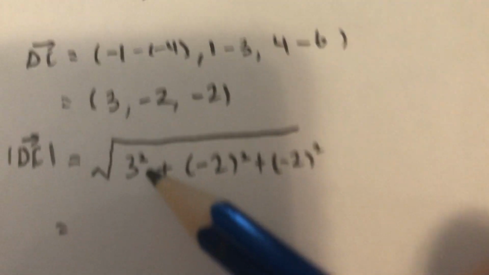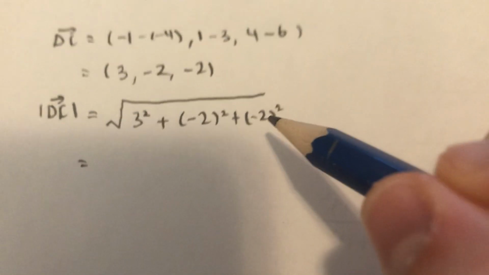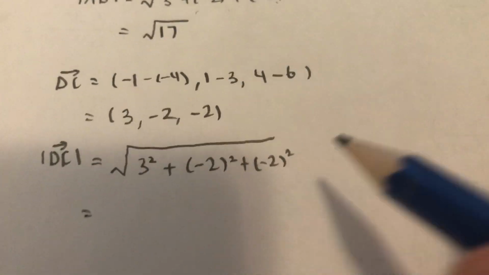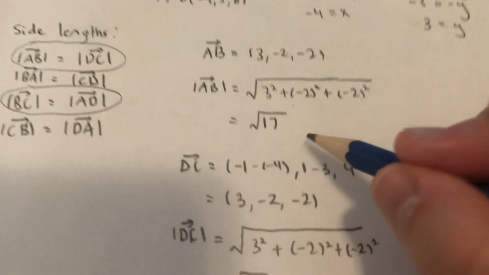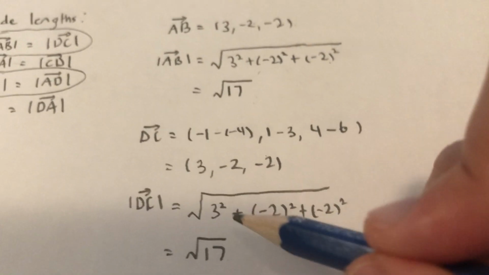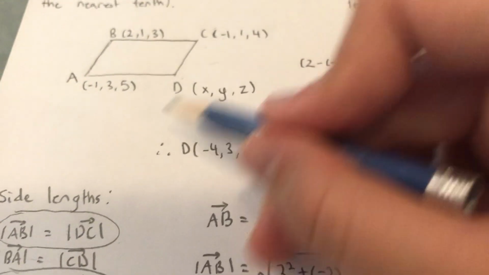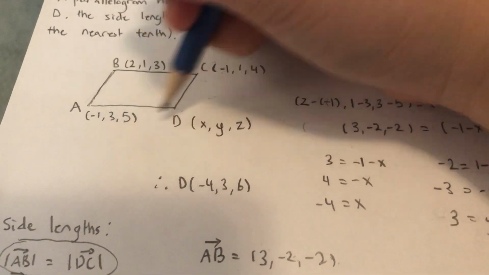And so 3 squared, that's 9, plus -2 squared, that's 4, so we have 13, plus -2 squared again, which is 4, 13 plus 4, we have, once again, root 17. So here, we prove that this statement is true. The magnitude of AB, which is this side, is the same length as the magnitude of DC, which is this side. Now let's find the other two sides, AD and BC.